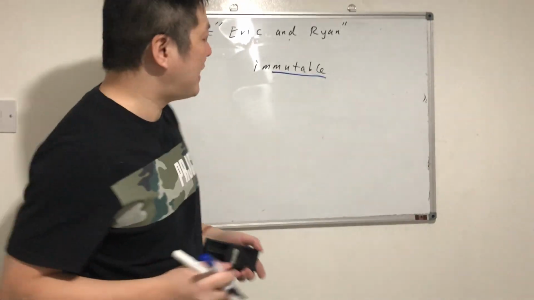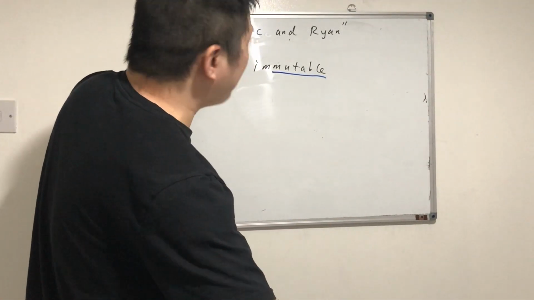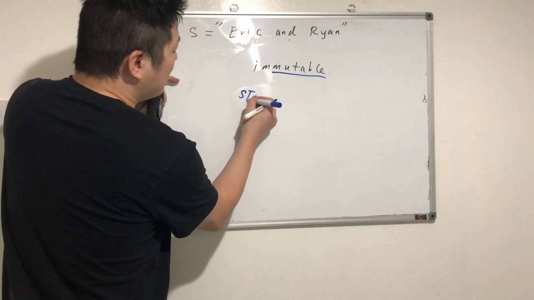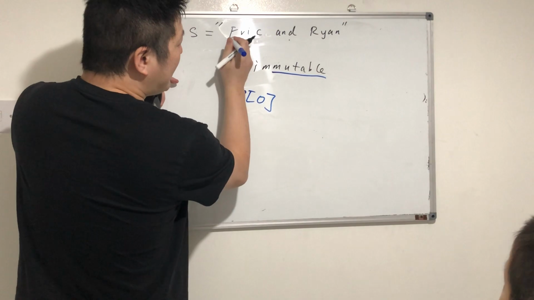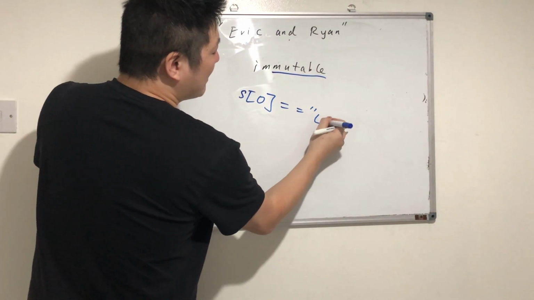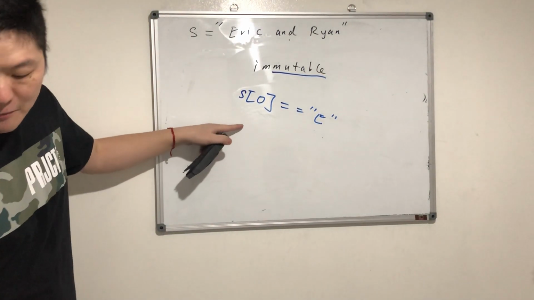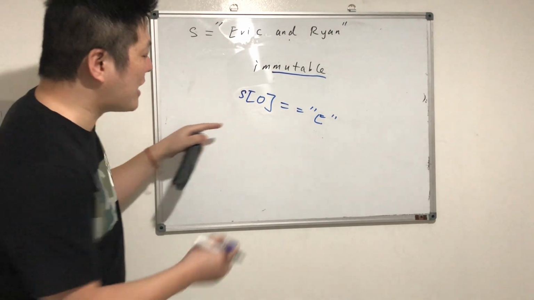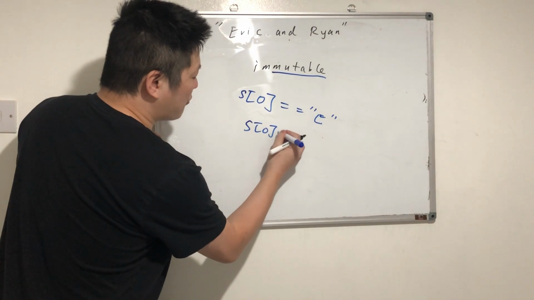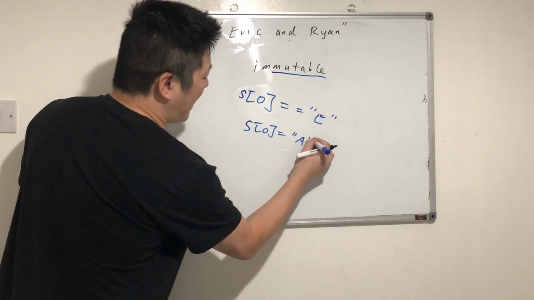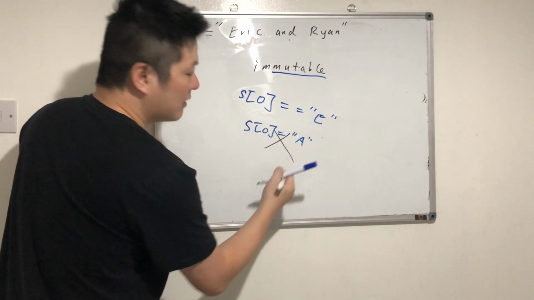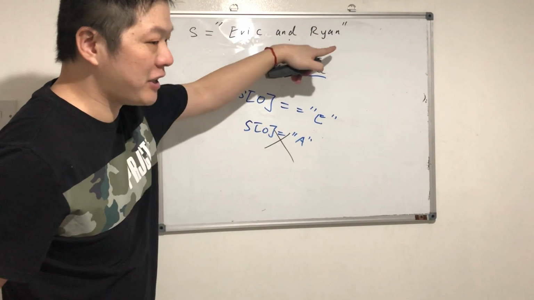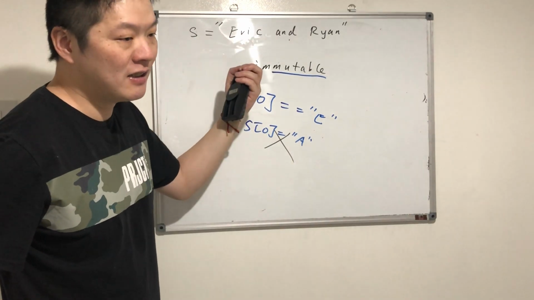Like if S is the string Eric, S0 will be equal to E, right? But you can't change the string. You can't say I want S0 to point to capital A. You can't do that, because this string is immutable. You can't change it. You can only read from it.